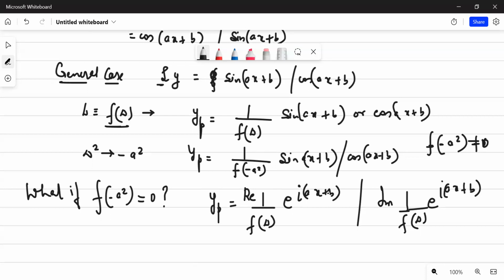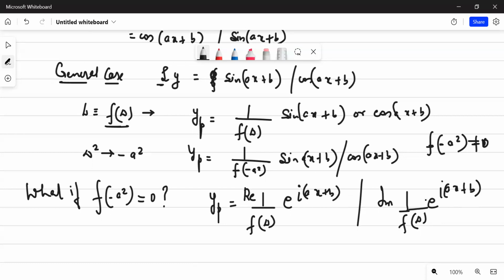If you're stuck here, find the particular integral as the real part of 1 upon f(D) e^(i(ax + b)) for cos(ax + b), and the imaginary part for sin(ax + b).